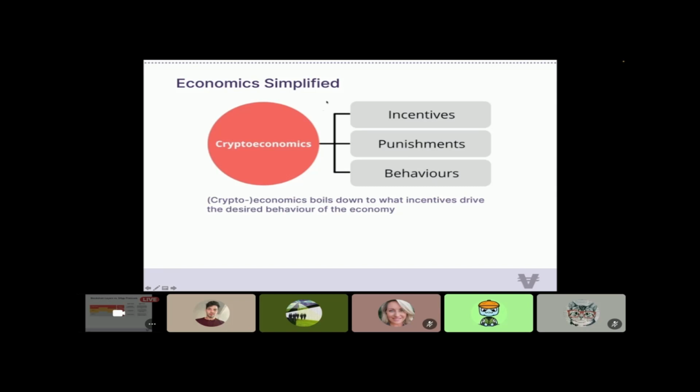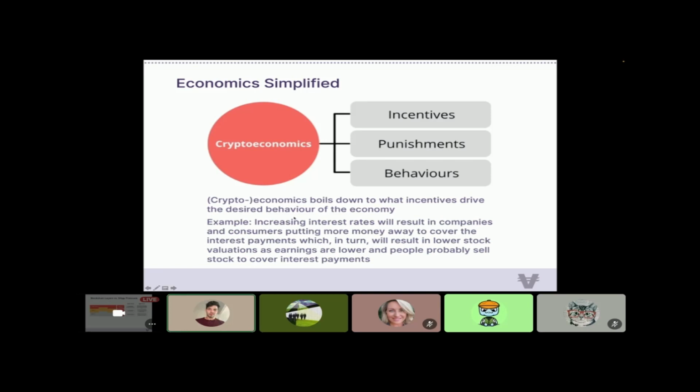Focusing more on the economics part, crypto economics boils down to what incentives drive the desired behavior of the economy. What I thought was an interesting example is the increase in interest rates by the Federal Reserve.